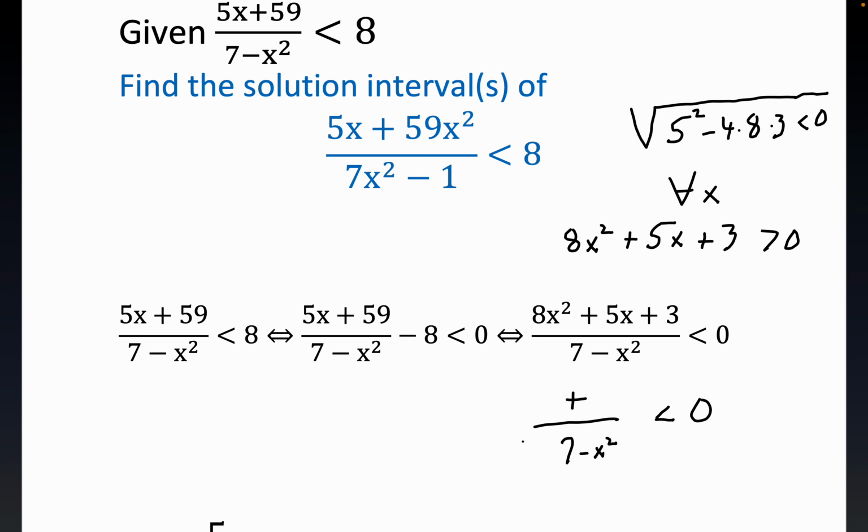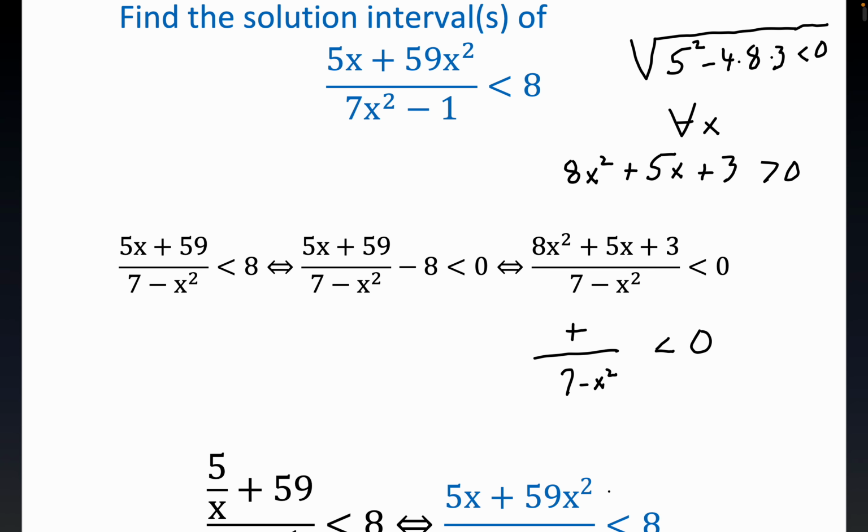But that leads to, very quickly, and I'll just write it right underneath, that x would have to be strictly greater than root 7. Okay, because we have to force the denominator to be negative, and that can happen if x is strictly greater than root 7 or strictly less than minus root 7.